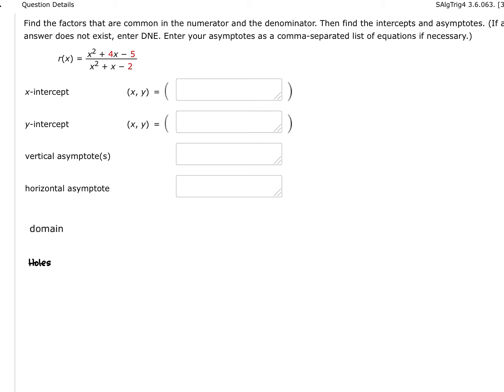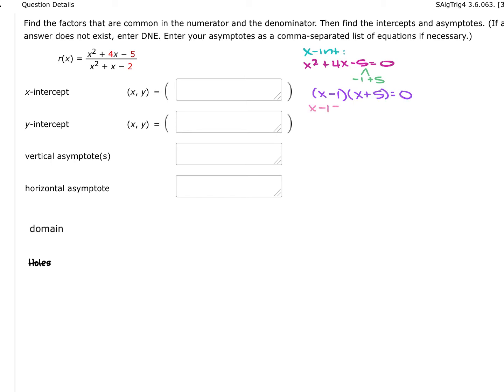For your x-intercept, you are going to take your numerator, set it equal to 0, and solve. So you have x squared plus 4x minus 5 is equal to 0. Your factors of negative 5 that add up to be 4 are negative 1 and positive 5. So this factors to be x minus 1 times x plus 5 is equal to 0.